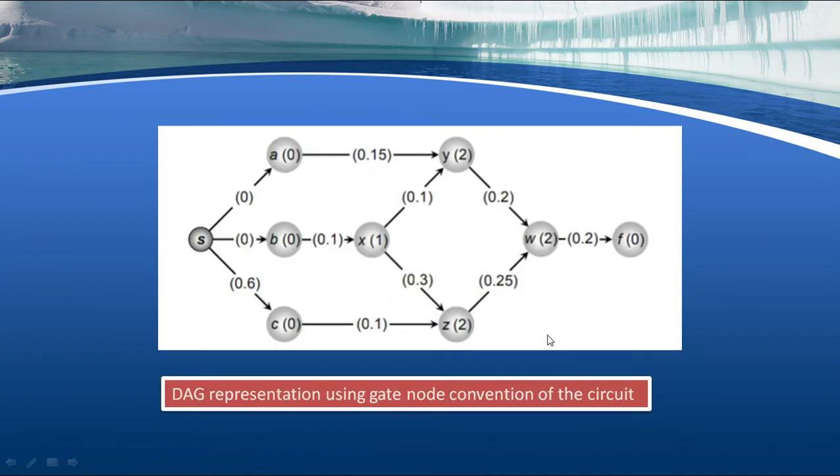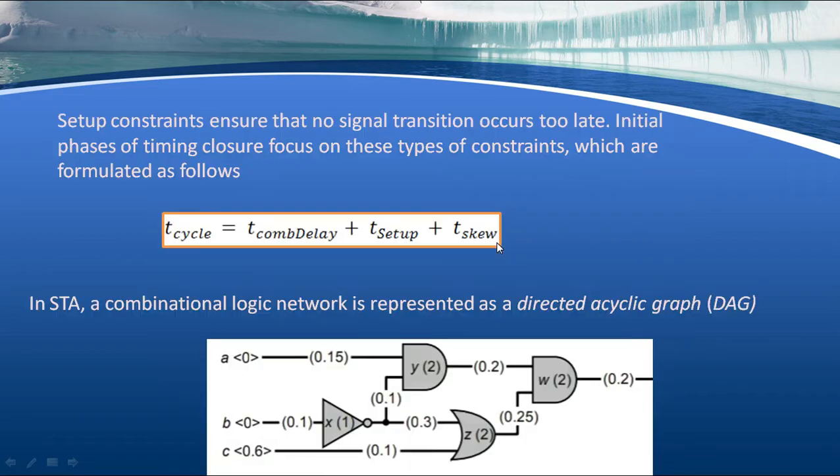The inputs of the circuit, A0 and so on, start from here and reach the next nodes, with the delays as shown. So this is how a directed acyclic graph, DAG, has been constructed from this combinational logic network.